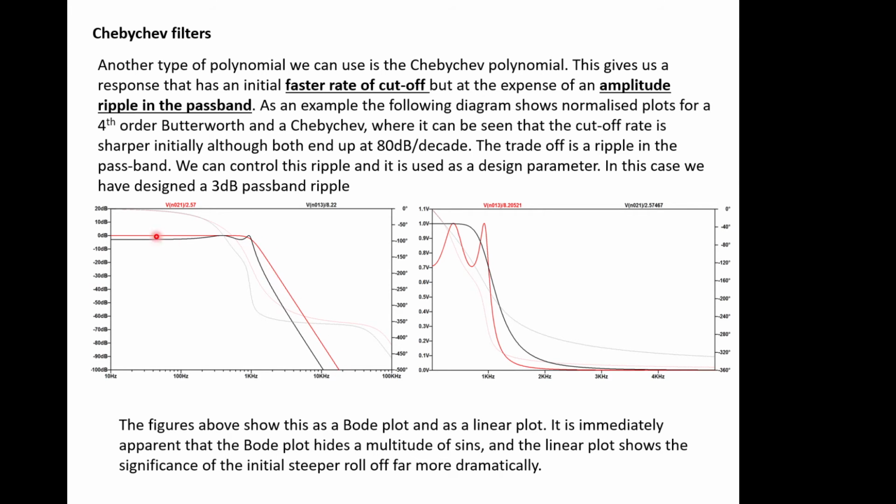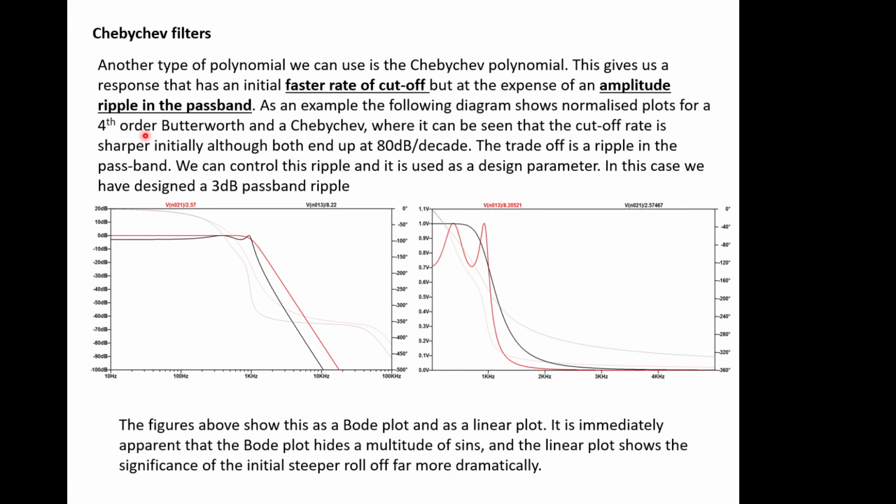The Chebyshev response has some variation in what we would term the passband, a bit of wobble, particularly at these higher frequencies, but it's controlled, and then the cutoff is very sharp before it starts to revert to the however many dBs per decade for the order of the filter. So if it's a second order Chebyshev, it'll be 20 dBs.